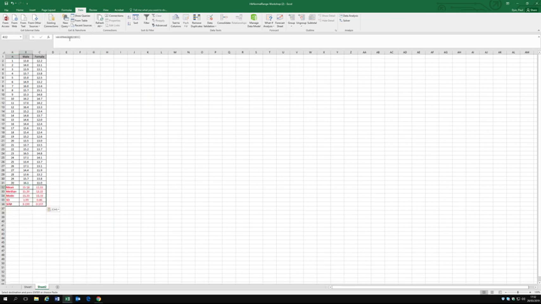So the mean is obviously using the average function. Median, again, median. Mode is using the mode function. SD is using the standard deviation function. And indeed, SEM is basically the standard deviation divided by the square root of the count of data points, i.e. square root of n, essentially.